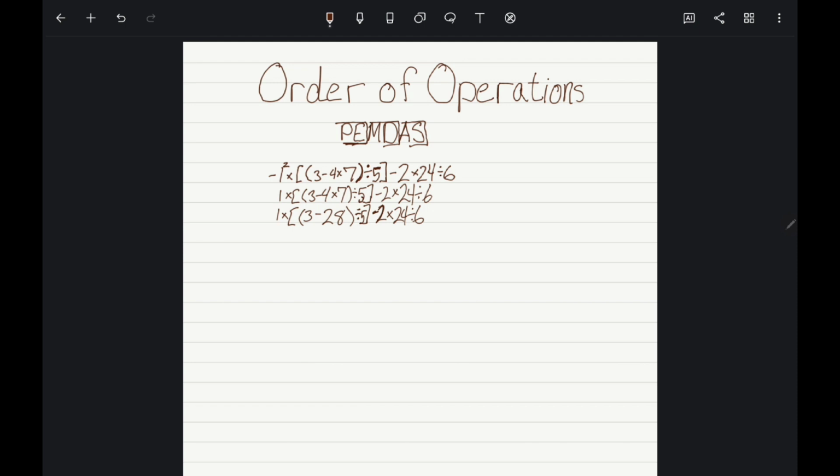All right, so it does leave us in a little bit of a predicament here. So it's actually 3 minus 28 divided by 5. All right, so 3 minus 28 actually equals -25. Right? And we'll bring all that down as we've done each time before.